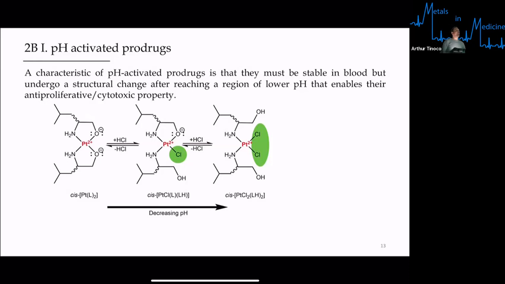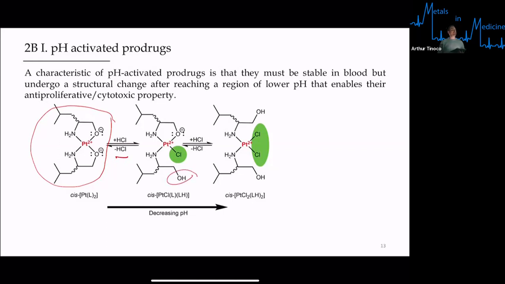All right, so a characteristic pH-activated prodrug is that they must be stable in blood, but undergo a structural change after reaching a region of lower pH that enables their anti-proliferative cytotoxic properties. So here's a representation of this platinum-2 compound, which would be square planar, and in the presence of acidity, here the representation of HCl as a source of acid, it leads to dissociation, in this case of the OH group, or of the oxygen here.